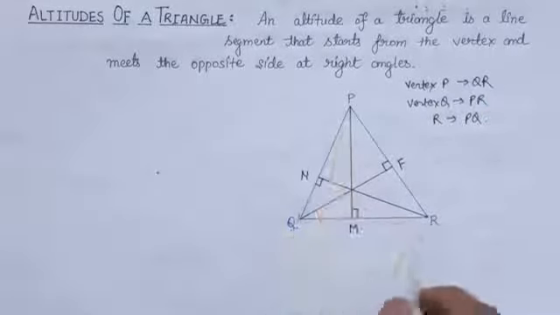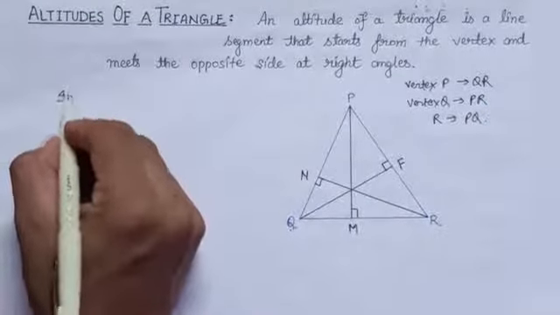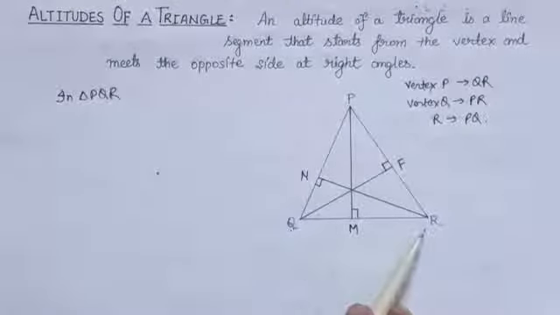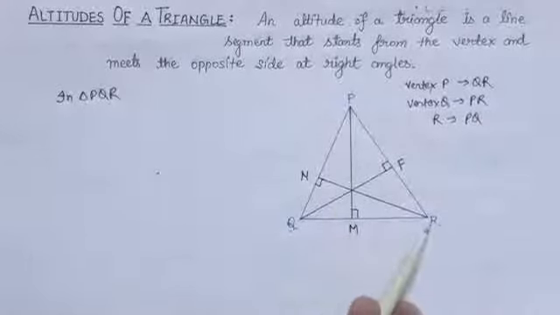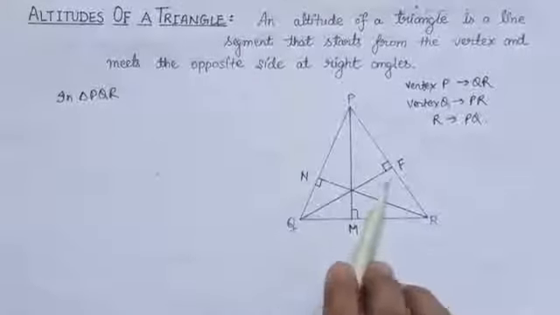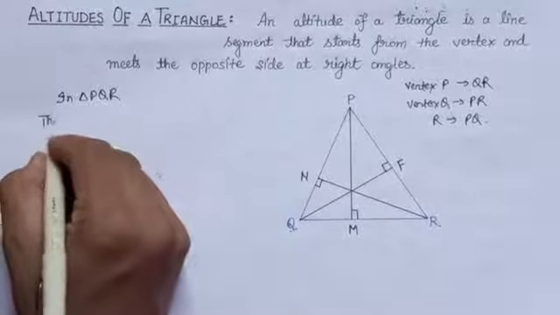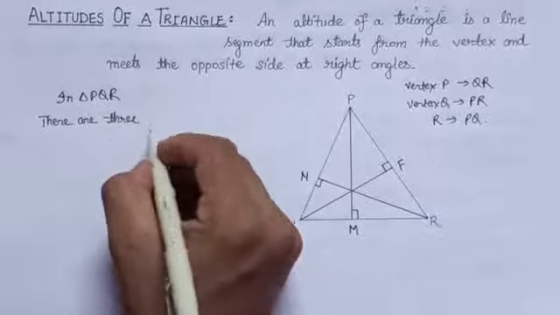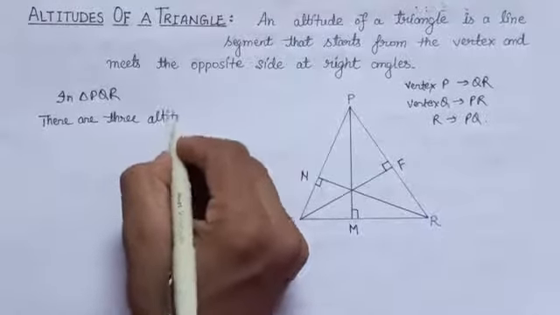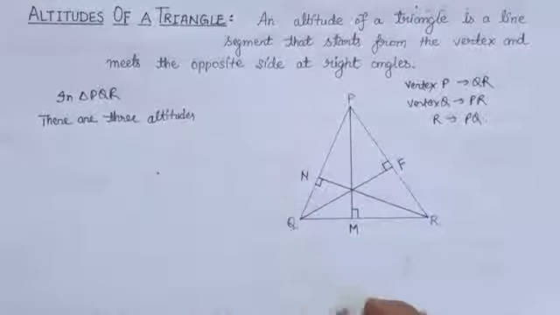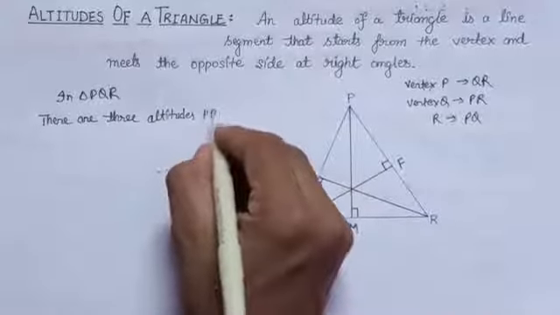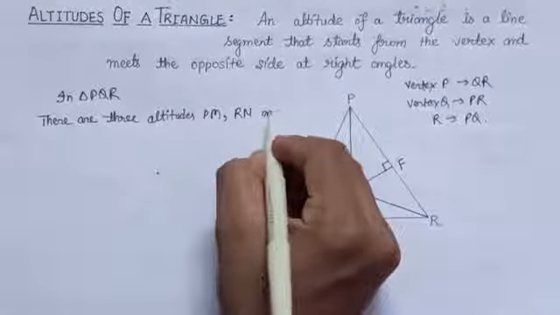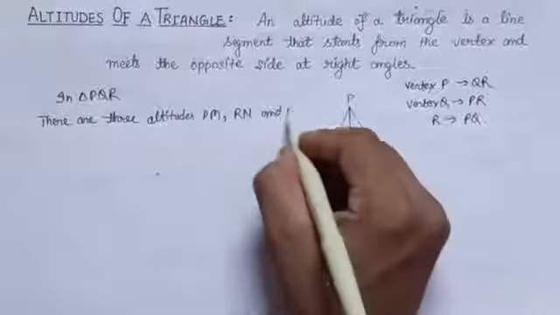Now in this triangle PQR, you can see that there are three altitudes: PM, RN and QF.